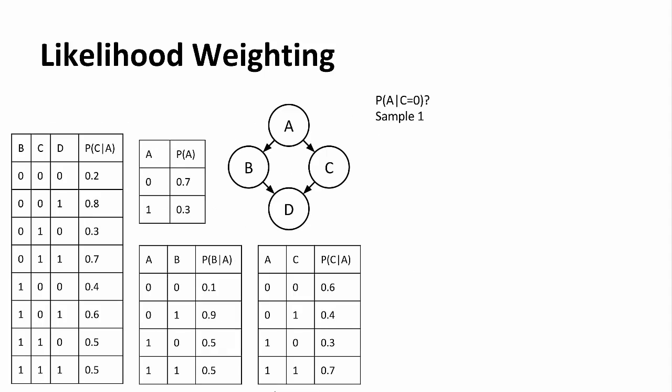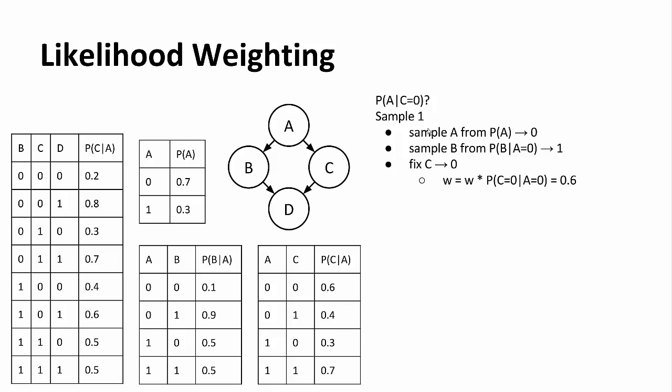Let's see this in action. Generating the first sample. Sample A, sample B. Now when we get to C, we'll notice that C is an evidence variable, right? It's behind the conditioning bar, so we'll fix C to be 0, and then we'll update the weight by the probability that C equals 0 given what we sampled before.